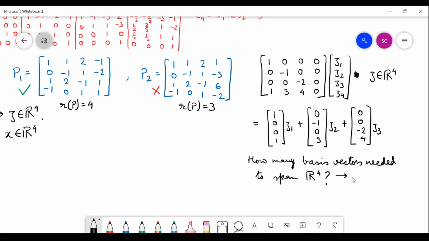Of course the answer is 4. How many basis vectors do you have here? Basis vectors are independent vectors. How many basis vectors do you have here? 3. So what is the space that you are spanning? This space is R3, not R4.